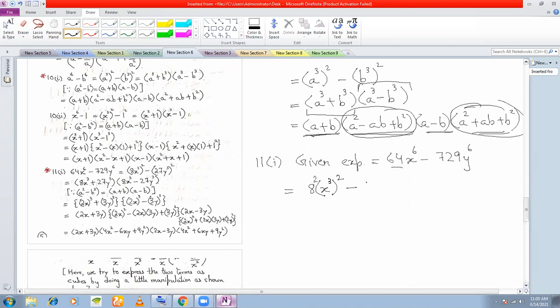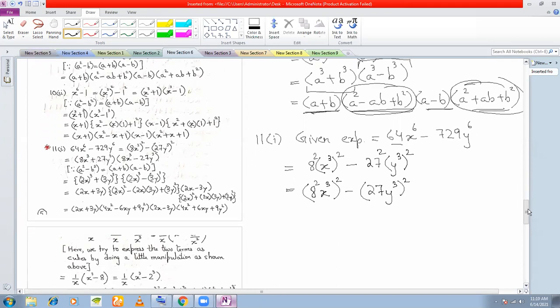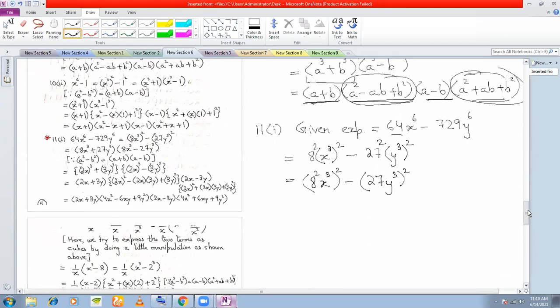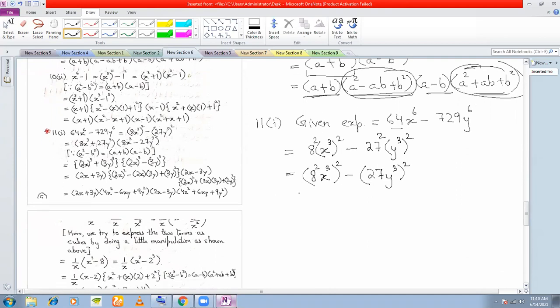The square root of this will be 27. So 729 can be written as 27 square, and y to the power of 6 can be written as y cube square. Now both are perfect squares. Now this can be written as 8 square x cube whole square minus 27 y cube whole square. Right? Fine. So now this is a difference of 2 squares.